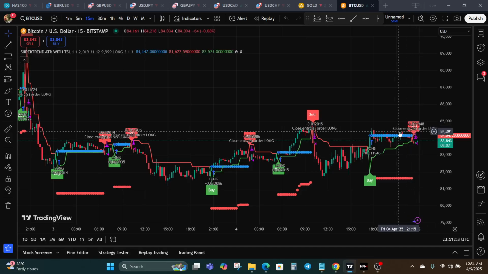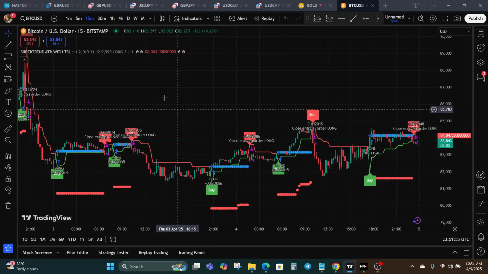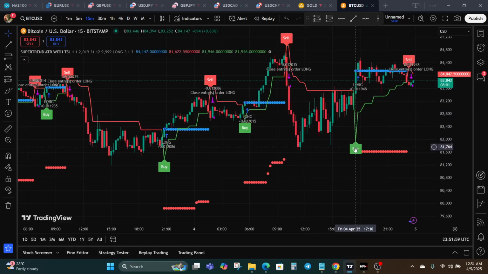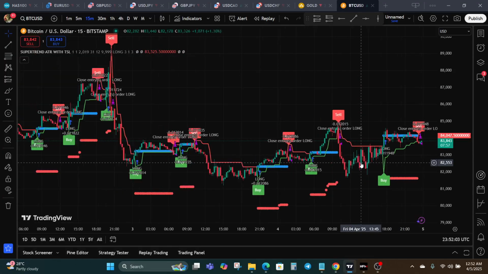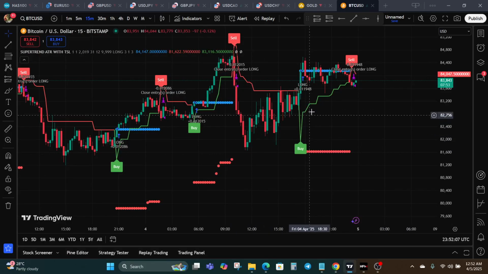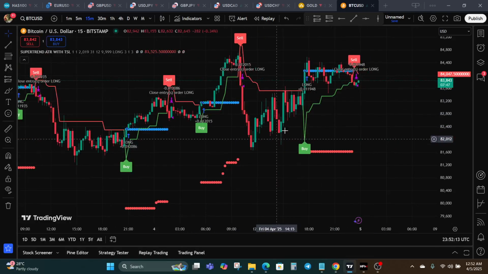So you can add this indicator that has the Super Trend and ATR functions. All right, this works great for trend following strategies. You can see that the Super Trend indicator is there, alongside some ATR functions.